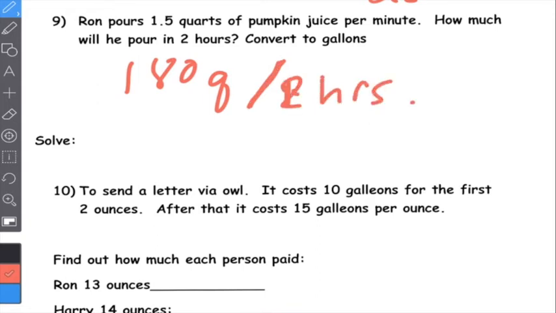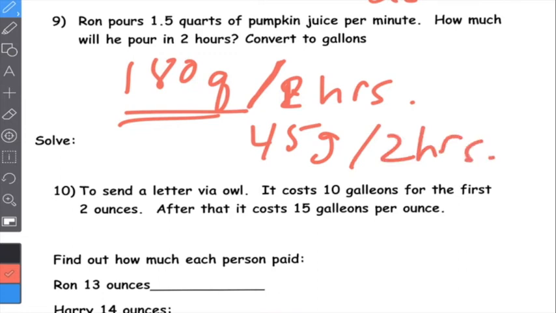Okay, so we have to convert this to gallons. So you need to convert 180 to gallons. And if you remember, there's 4 quarts in a gallon, if you remember our gallon man. So you're going to divide by 4, so it'll be 45 gallons per every 2 hours.